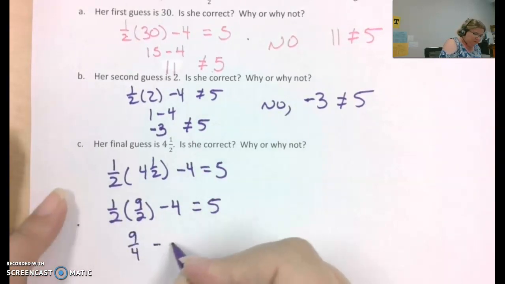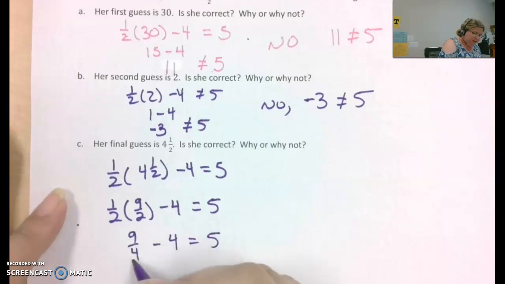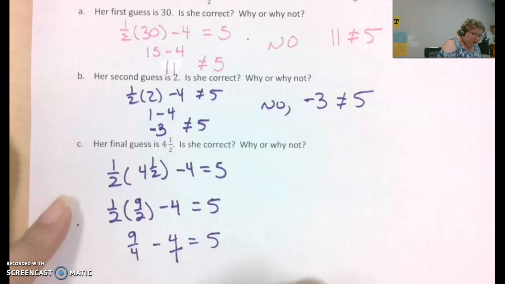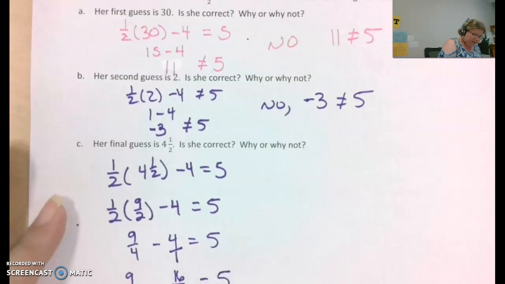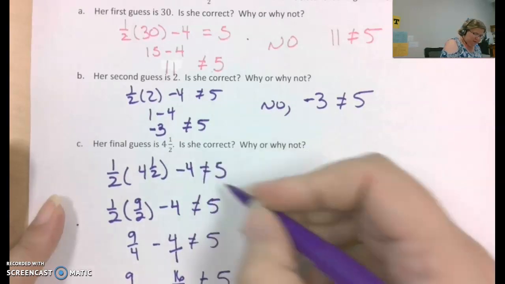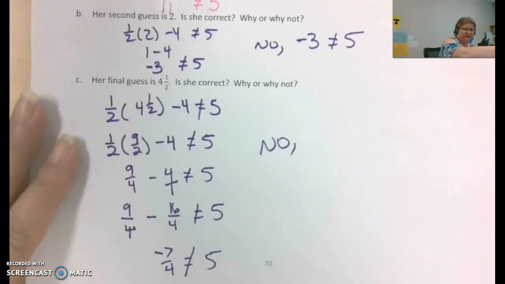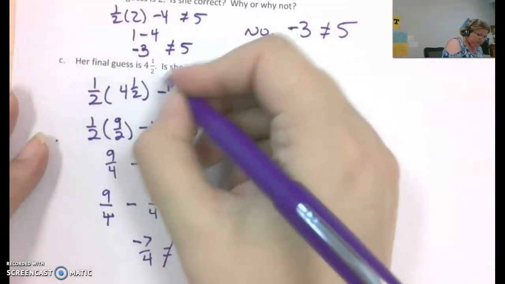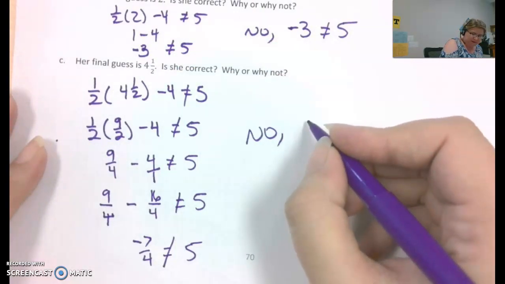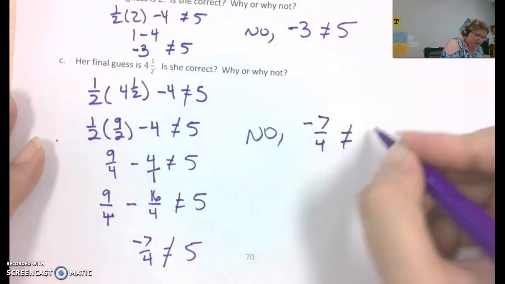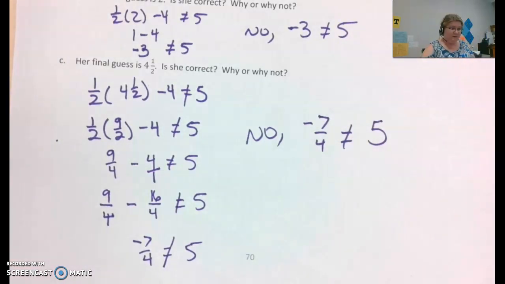So that would be 9 over 4 minus 4 equals 5. 9 over 4, 4 over 1, I need a common denominator. It's going to be 4. 4 times 4 is 16. So I've got 9 fourths minus 16 fourths equals 5. That's negative 7 fourths equals 5. That's not true. So no. Because negative 7 fourths is not 5. So she did not guess the mystery number.